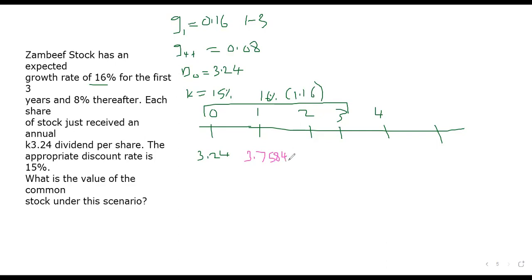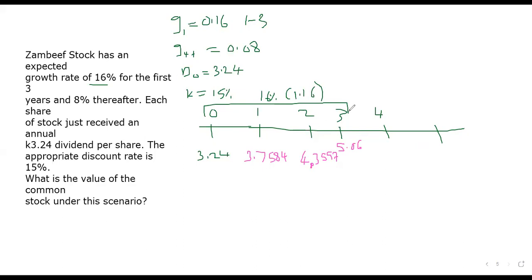Again, this answer multiplied by 1.16, we're going to get 4.3597. Again, multiplying this one by 1.16, we're going to get 5.06.